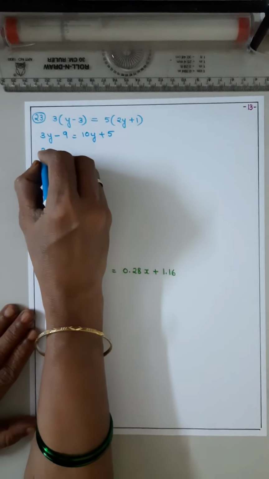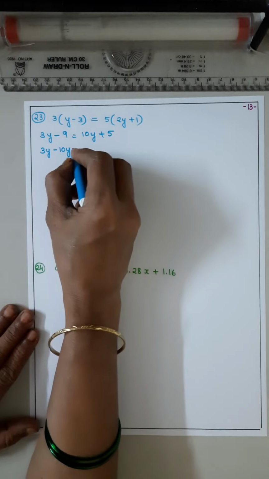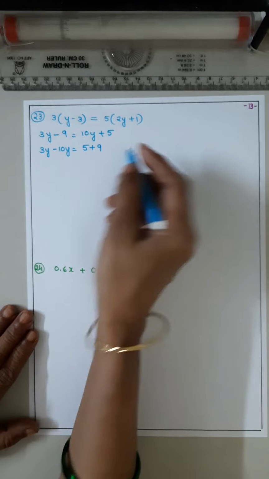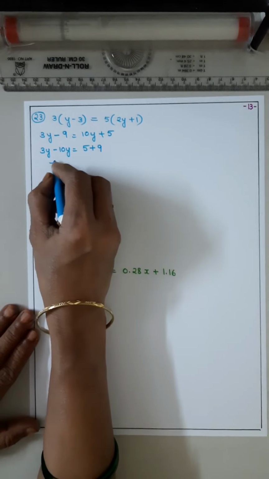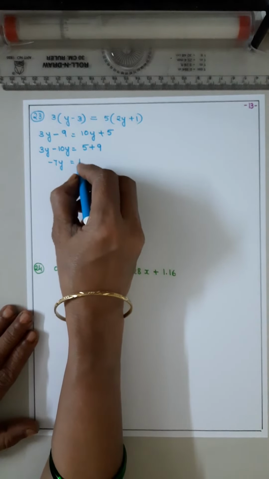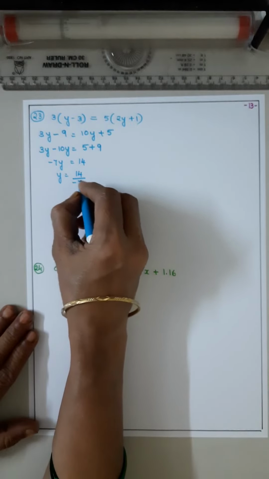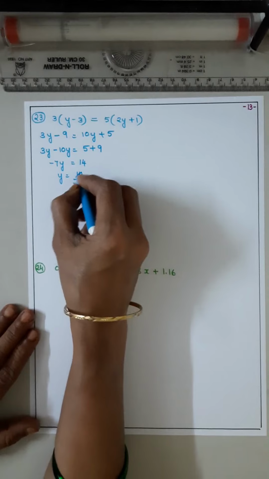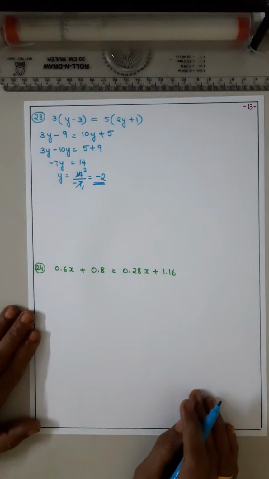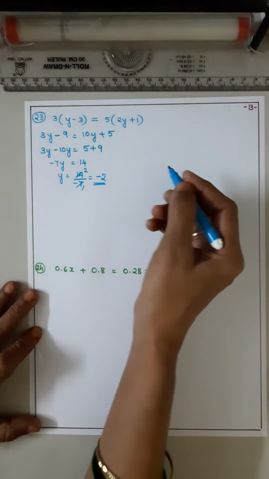Take y to the left hand side, to 3y, 10y becomes minus 10y is equal to 5, minus 9 becomes plus 9. So here it will be minus 7y is equal to 9 plus 5 will be 14. So y is equal to 14 by minus 7. 7 1s are, 7 2s are. It is minus 2. Answer is minus 2.